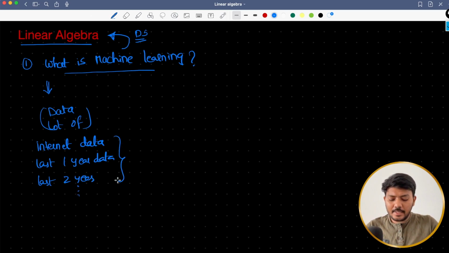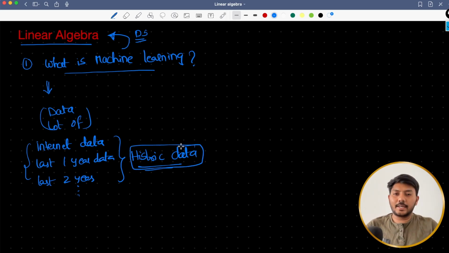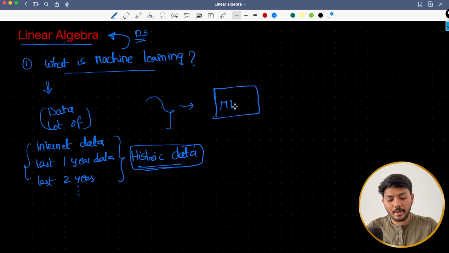Likewise, there is no limit on how much data you have, but all of this is historic data. So let's say I have a lot of historic data which is collected either from internet, or that you have stored, it could be from any time frame, and I will pass all of this data to a machine called machine learning model.